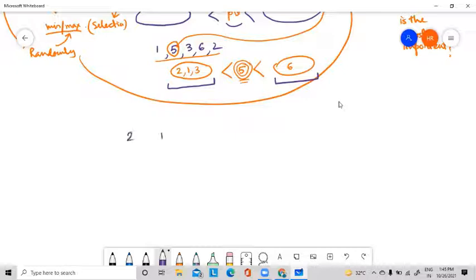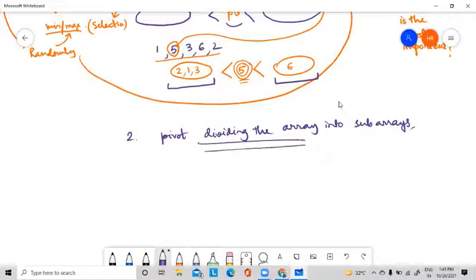So the pivot not only gives you a sorted element, but also divides the problem into subproblems. The pivot also divides the array into subarrays. So that's why it is called divide and conquer.